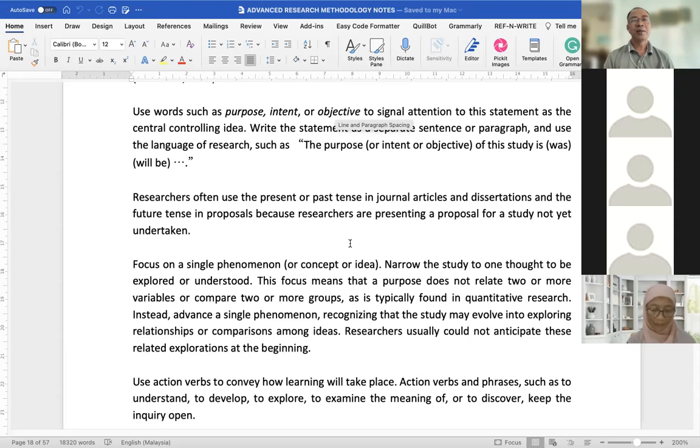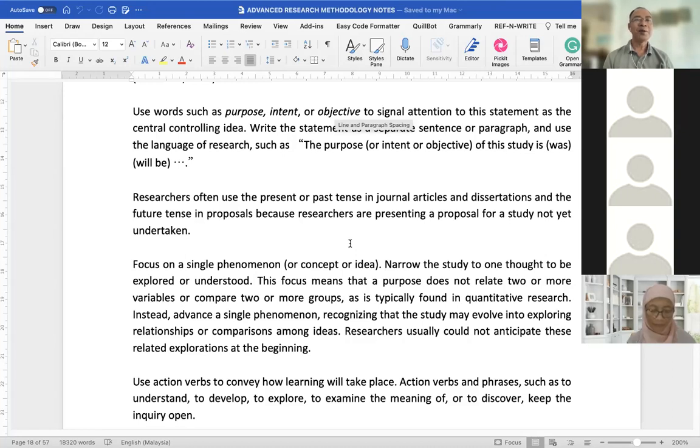And then number two, contributions to the theory. Maybe you develop some kind of theory that expands the current knowledge.